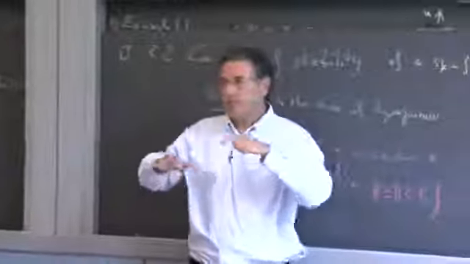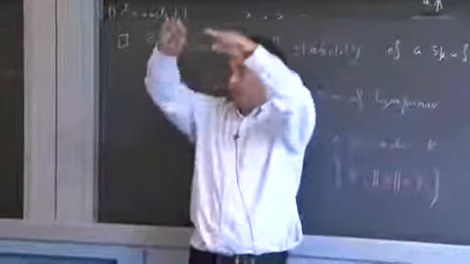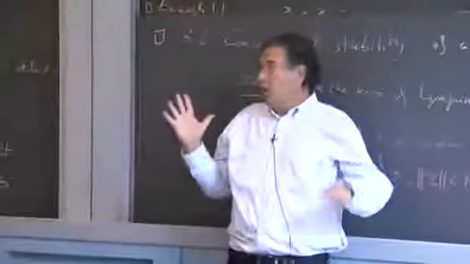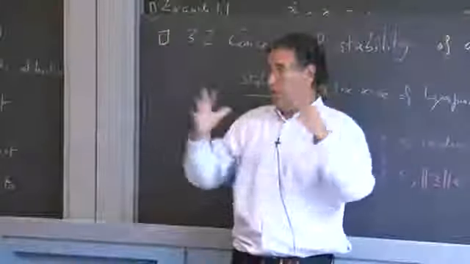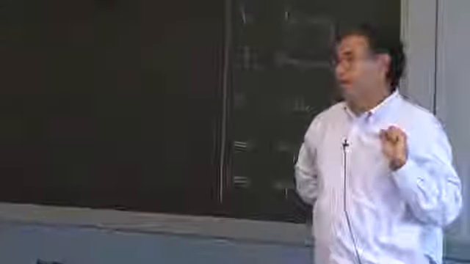So it says I can always maintain my system in a certain region, however small I want it. Big R, you could make it as small as you want, by starting even closer to the equilibrium point.